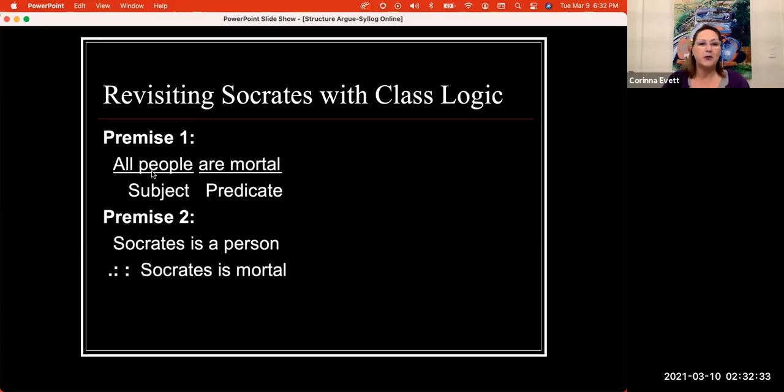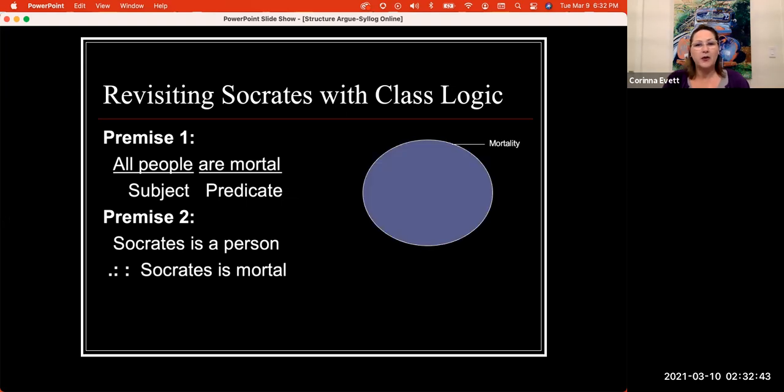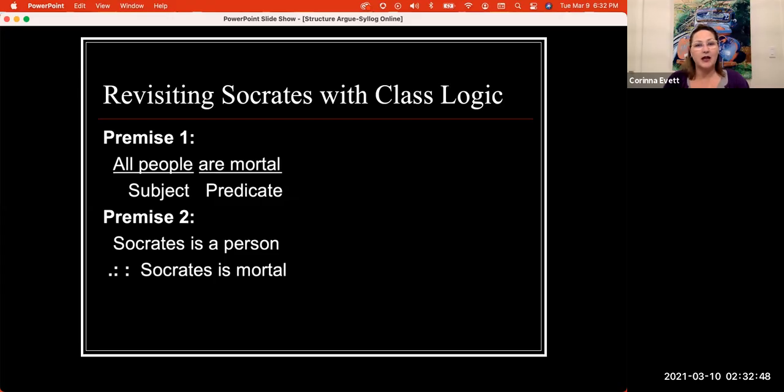And so part one, part two, and then Socrates is a person, right? And then goes up to there. But remembering, let's look at what that might look like. So we have actually three different classifications, if you recall, right? People, mortality, mortal, and then Socrates.